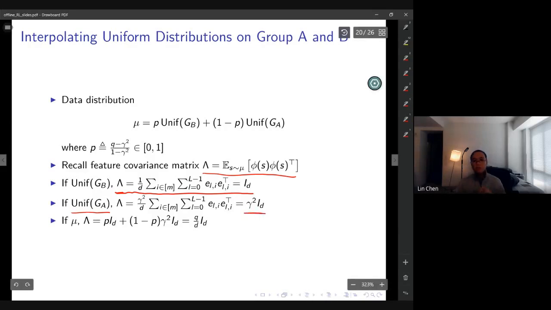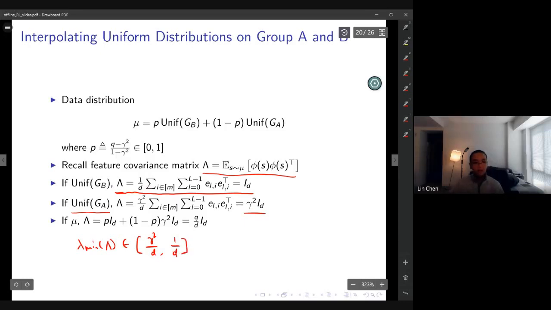And because we let mu be a mixture of uniform distribution on group A and group B, the feature covariance matrix will be somewhere in between. So we can make lambda min of lambda between gamma square over D and 1 over D.